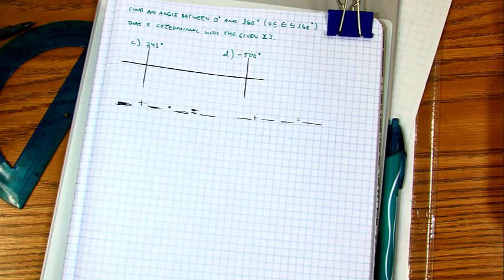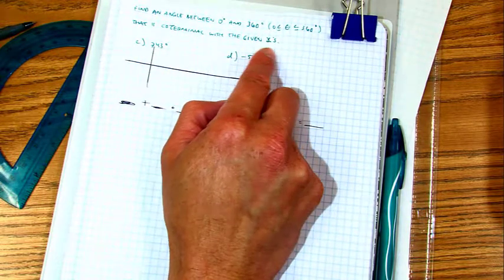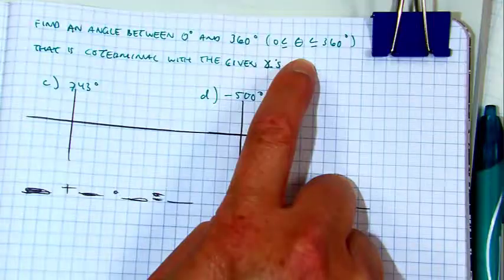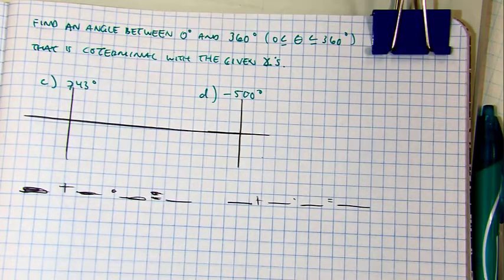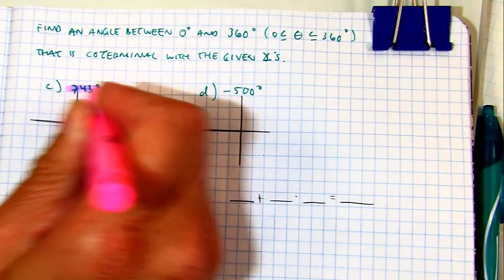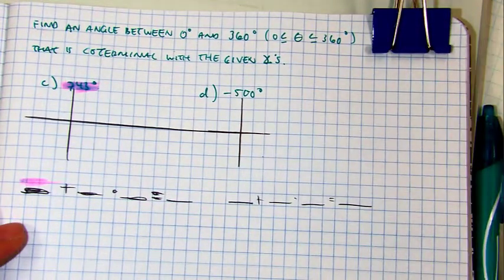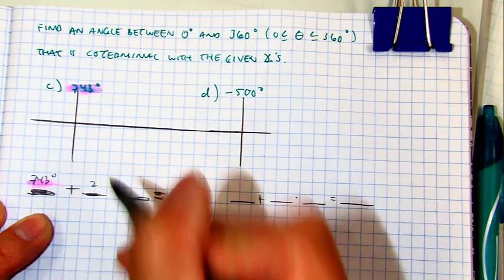Find a coterminal angle between 0 and 360 that is coterminal with the given angles. This is another way of saying the least possible positive. Ricardo, which letter do you want to do? C or D? C. How many rotations are you going to do? 2. 743. 2 rotations.